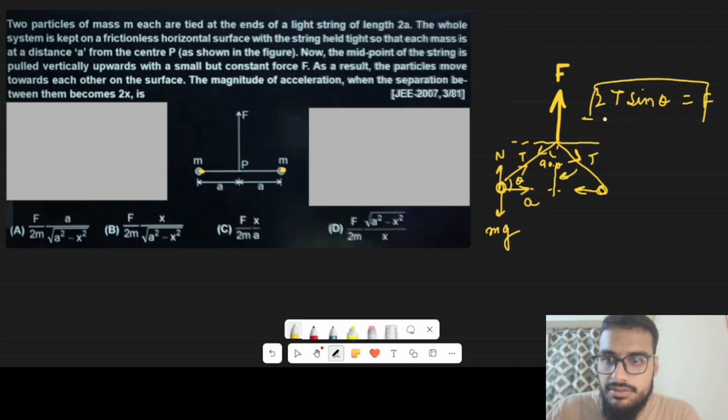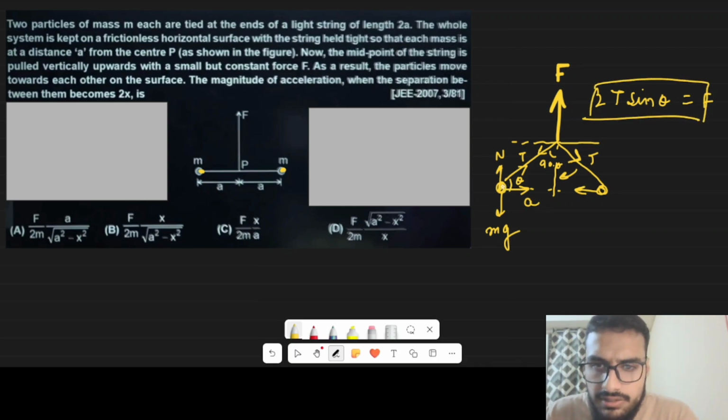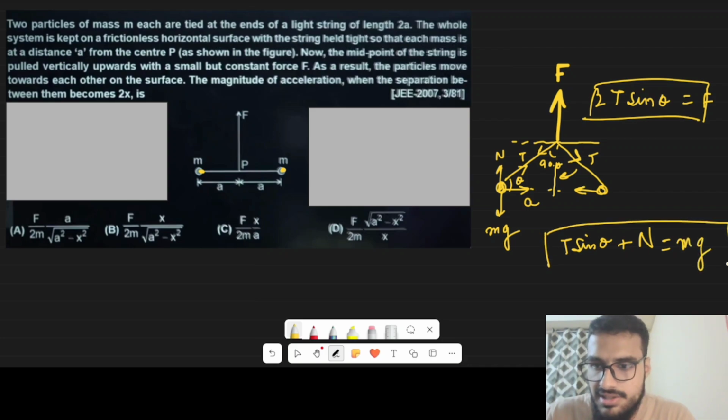So we got this one equation, and the second one we'll get from the free body of either of the masses. So can we write T sin theta plus normal, this is the upward force, it should be equivalent to mg. Because in the vertical plane there is no motion, the only motion is in the horizontal plane.